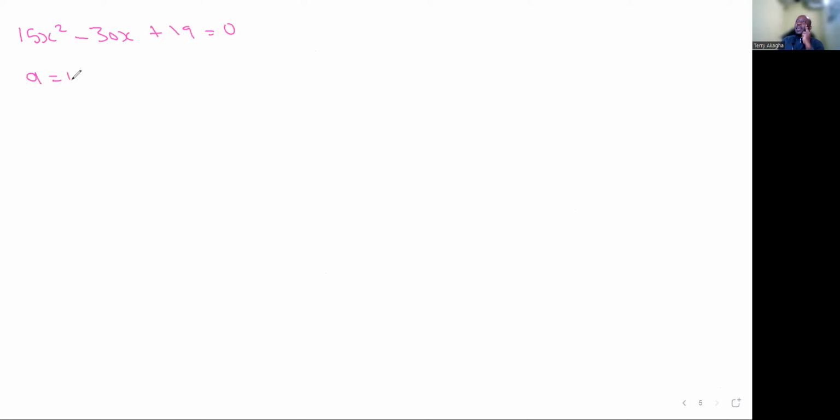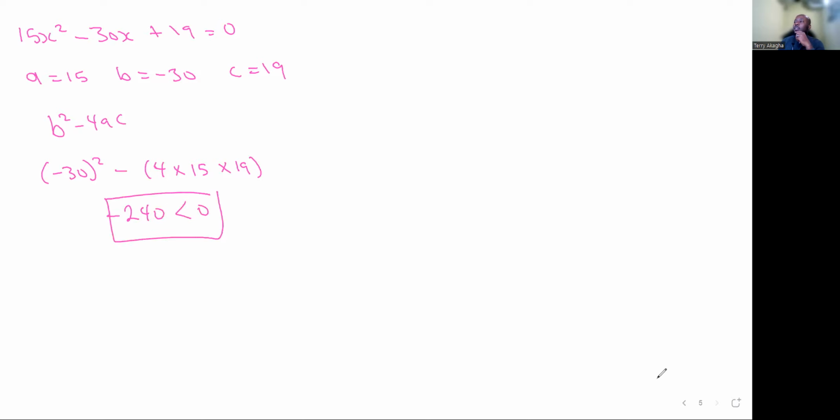So we know our a is 15, our b is equal to minus 30, and our c is equal to 19. Okay? So to check the b squared minus 4ac, it's going to give us minus 30 all squared minus 4 times 15 times 19. And when you press your calculator, this is going to give you minus 240. Minus 240 is less than 0.